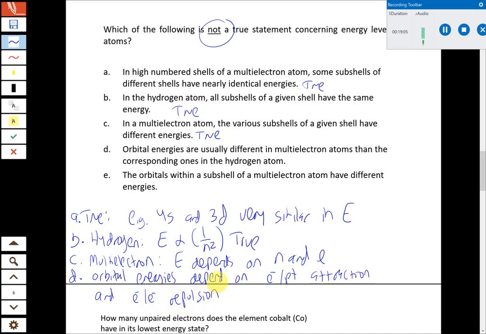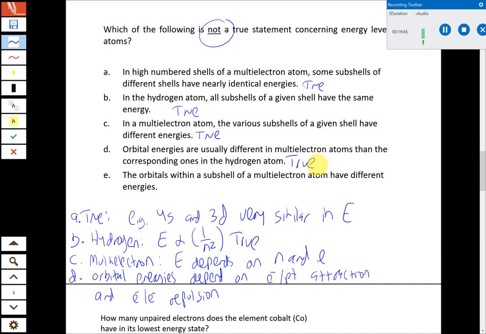In hydrogen, you only have electron-proton attraction because you only have a single electron, so you don't have electron-electron repulsion. In multi-electron atoms, you have both. There's a complex relationship between the attraction between the electrons and the nucleus, as well as the repulsion between the electrons, especially the ones close to each other in the same shell. So orbital energies in multi-electron atoms are usually different, because there are more protons in the nucleus, but also electron-electron repulsion terms that contribute. It's very unlikely you'd have the same orbital energy as in hydrogen.